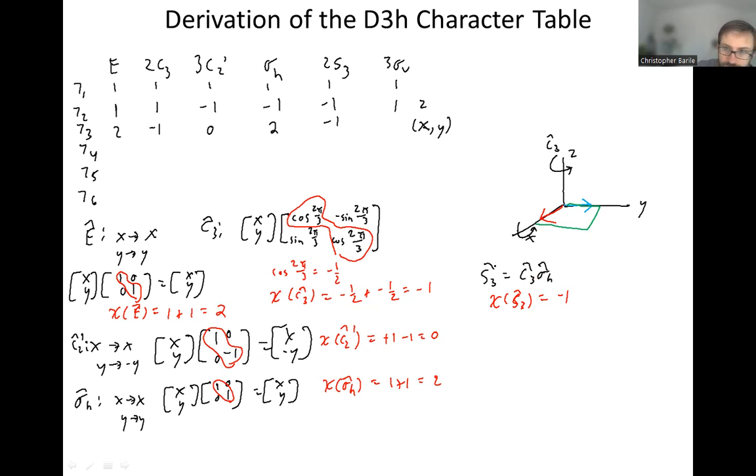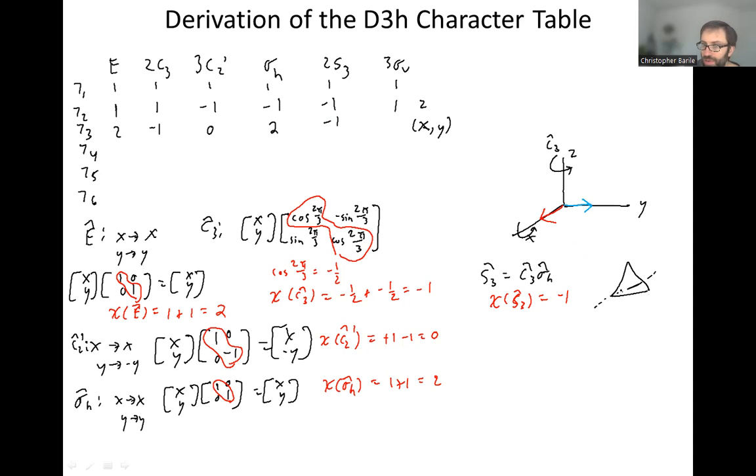And then the sigma v's. Sigma v's are more of a one that we have to think about here. If you remember our discussion in the previous video, we found that there's a perpendicular C2.